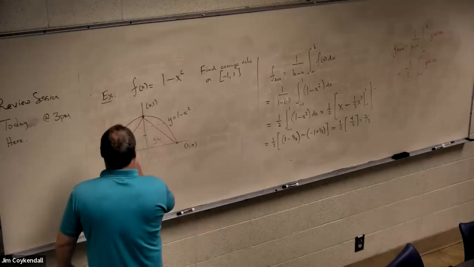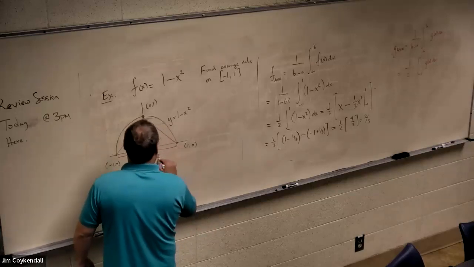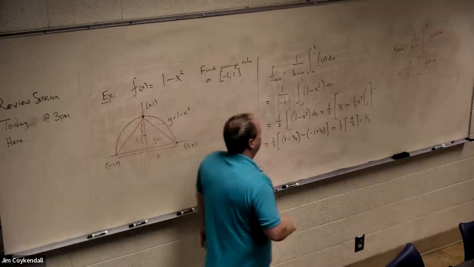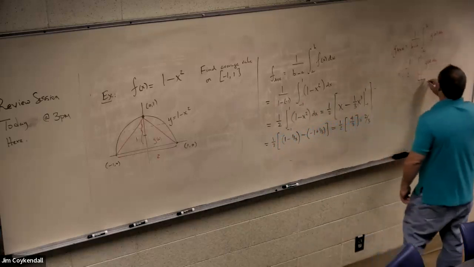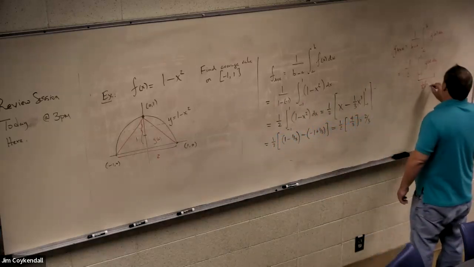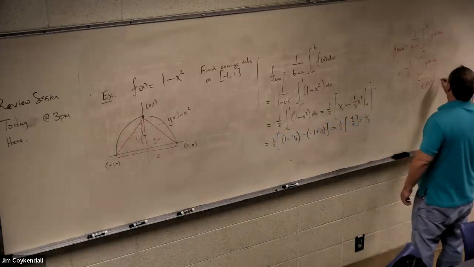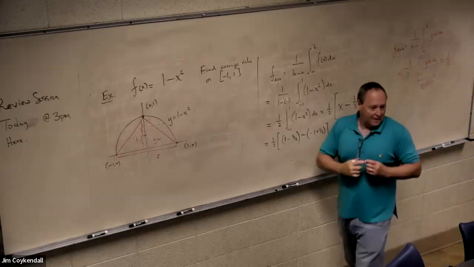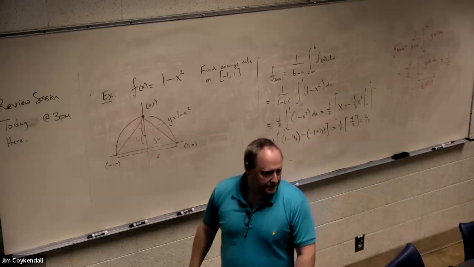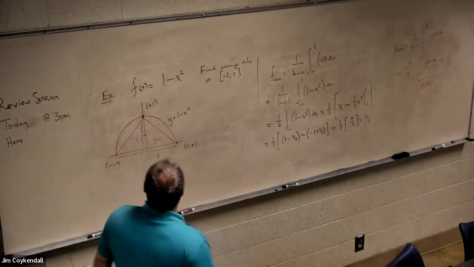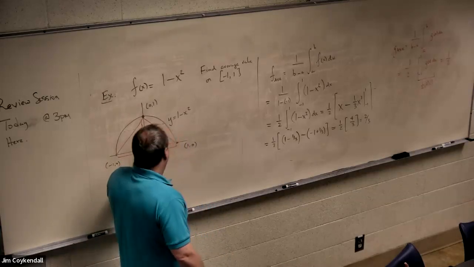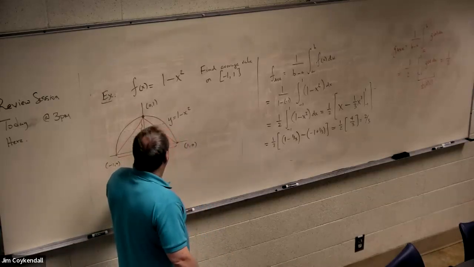The base is 2 and the height is 1, so this should be 1/2 times 2 times 1. So it comes to 1. So the average value of the red triangle, g of x, is 1/2.